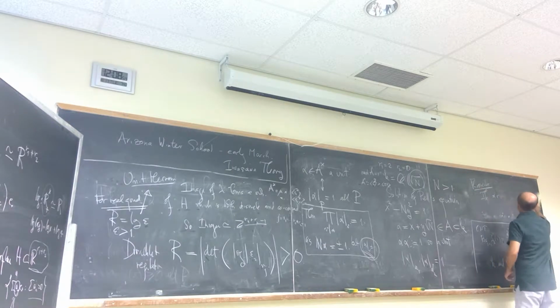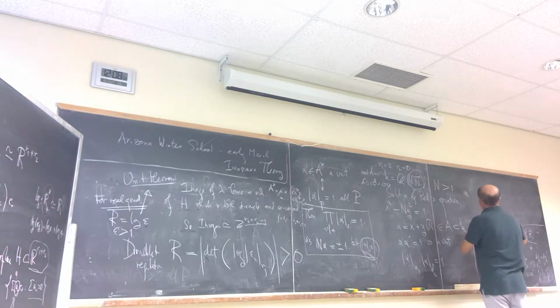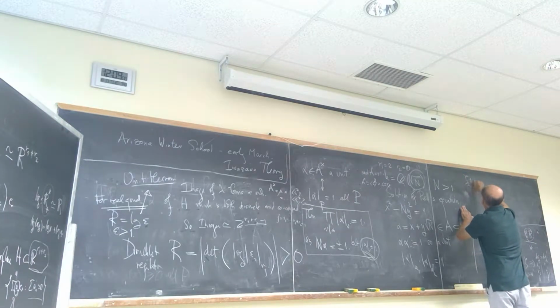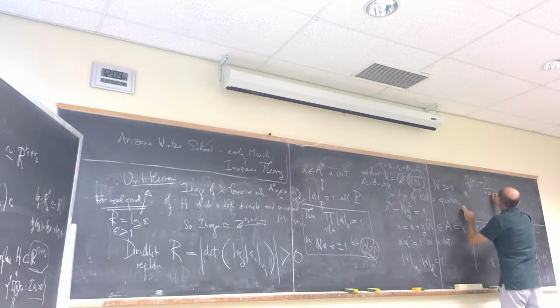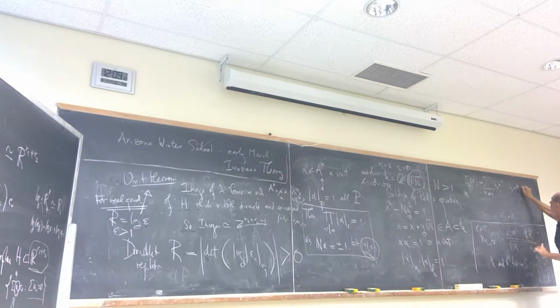So the way this is proved is to estimate, remember that the zeta function is the sum over n greater than or equal to 1 of b_n n to the minus s, where b_n is just the number of ideals I of index n. That's all it is. It's a counting function.